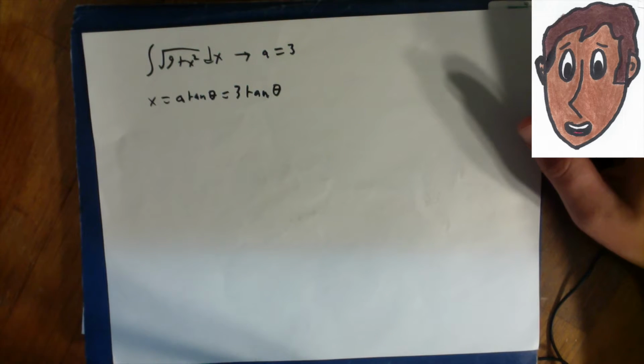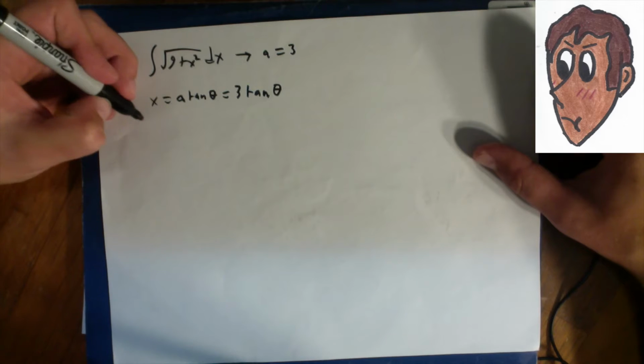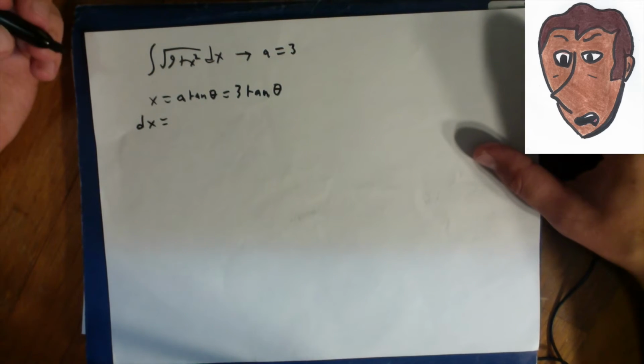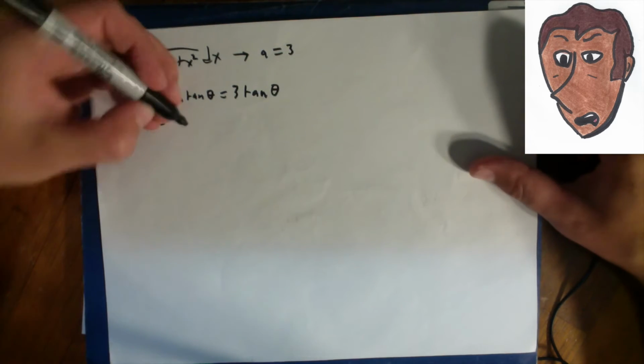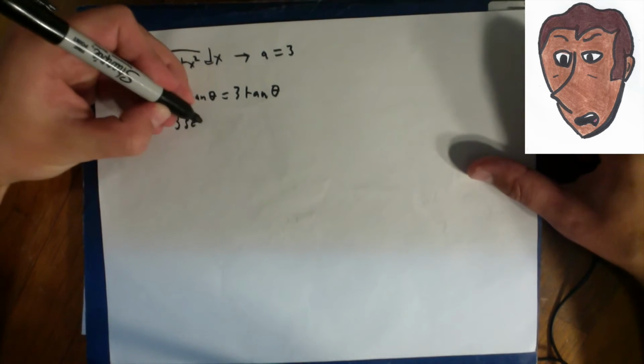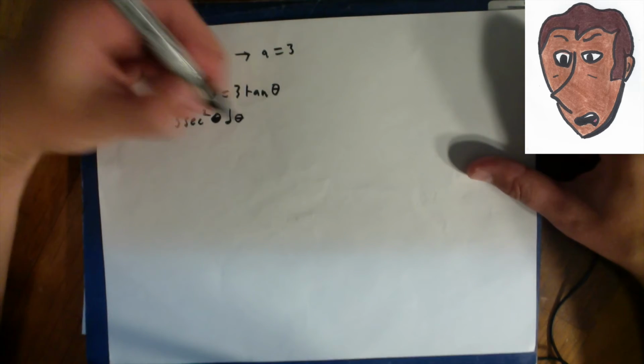So what happens to the integral then? Well, hold on. We need also the dx, which if we find the derivative of tangent theta, we find it's secant squared theta, and the 3 just carries over. And of course we need a d theta with the chain rule.